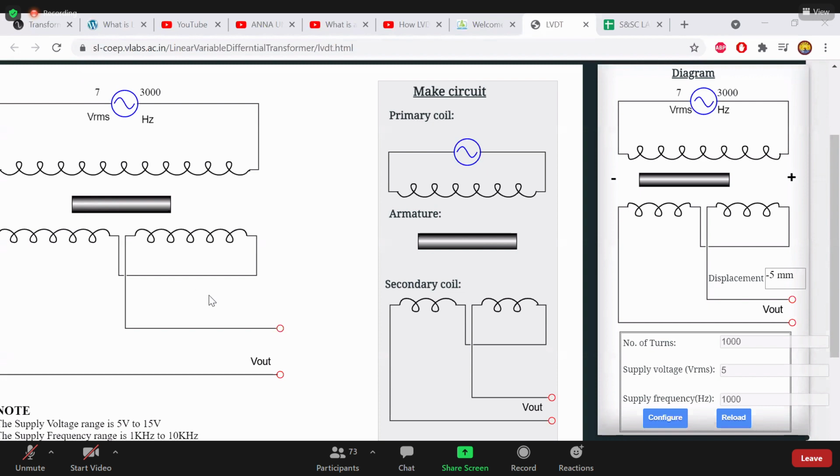Are you able to see my screen? 11 or 19? Yes, sir.